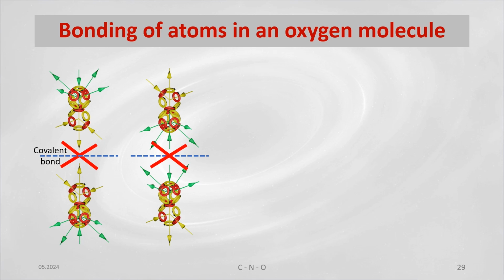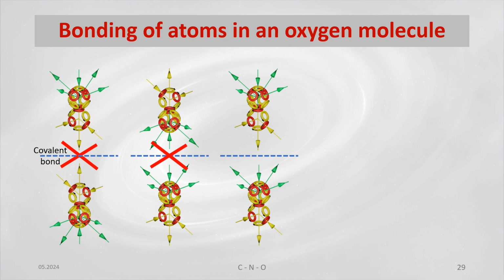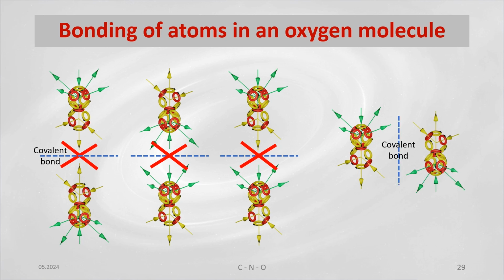If we were to combine electrons with magnetic moments pointing towards the nucleus of an atom with electrons whose magnetic moments point outward from the nucleus of the atom lined up one after the other, such a bond could be formed, but the molecule would show a dipole moment. Both conditions of the experiments are met only by the connection of atoms rotated by 180 degrees and placed next to each other. Such an oxygen molecule exhibits a magnetic moment, and its dipole moment is 0.